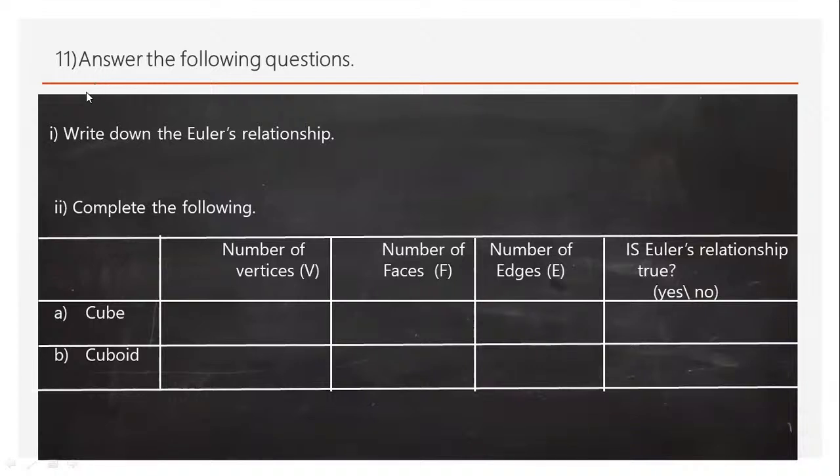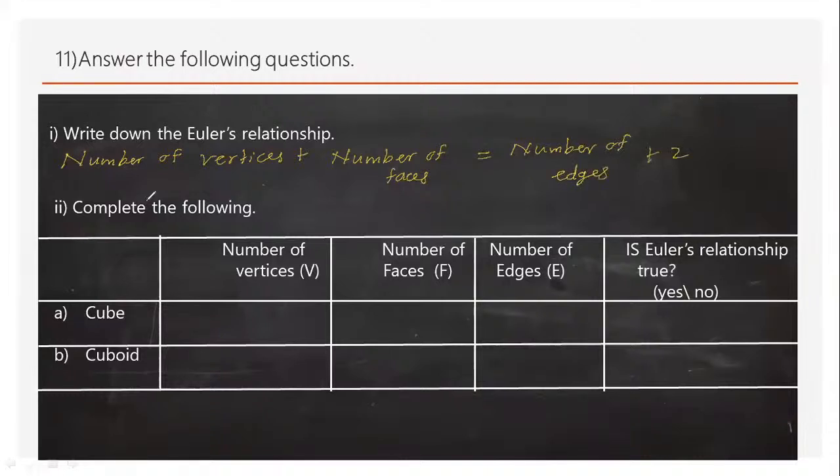Write down Euler's relationship. What is Euler's relationship? Euler's relationship says the number of vertices plus the number of faces equals the number of edges plus 2.